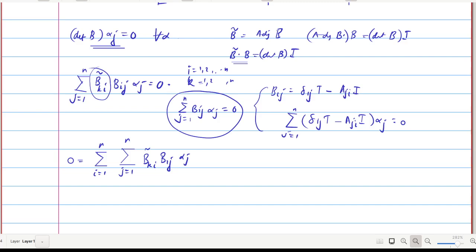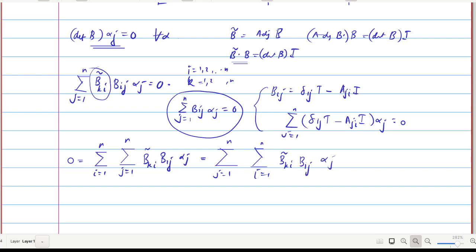That is also 0. You can interchange, since this contains only a finite number of terms, and that will change the order of the summation. So that is equal to sigma j equal to 1 to n first, then you write summation i equal to 1 to n of b_ki tilde b_ij alpha j.